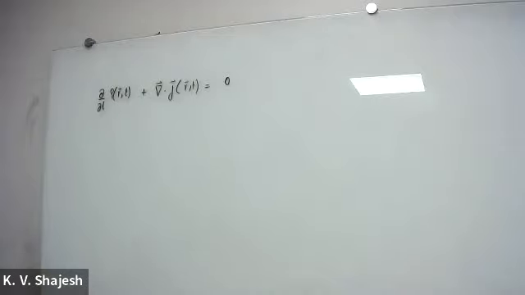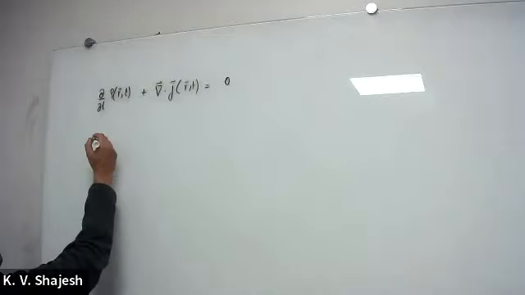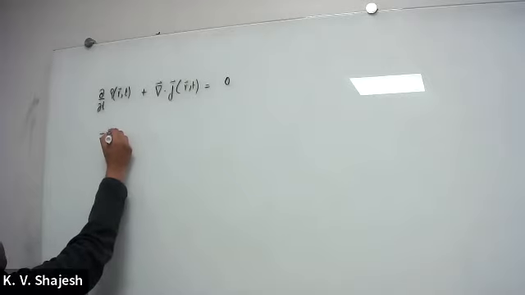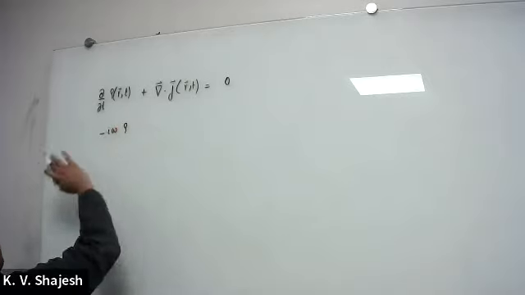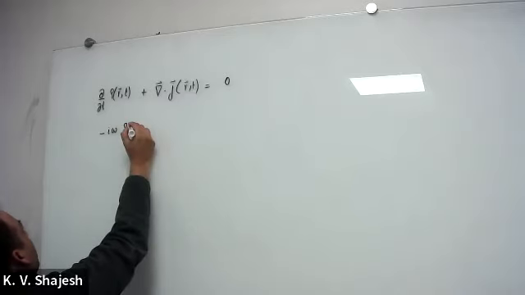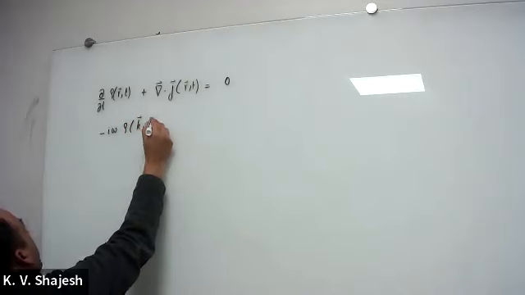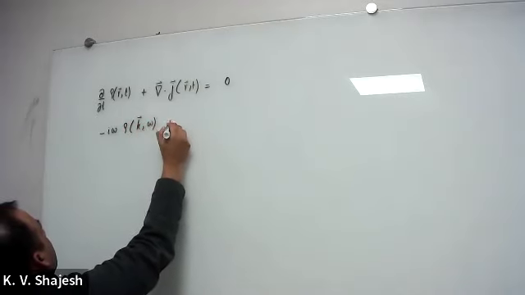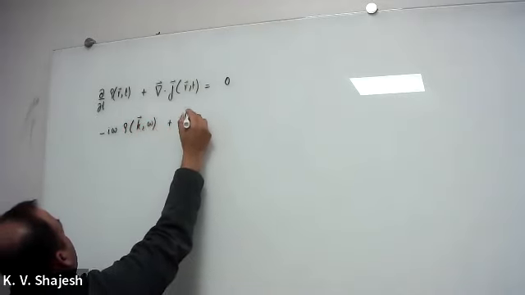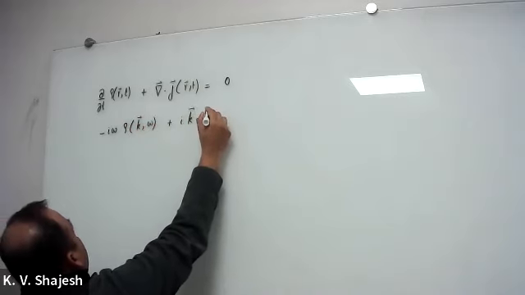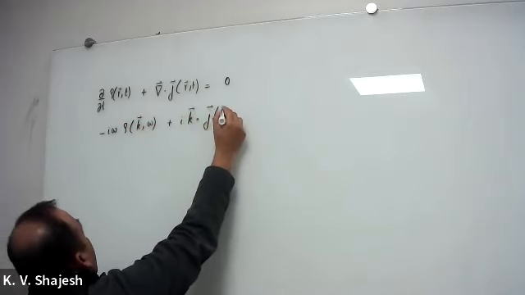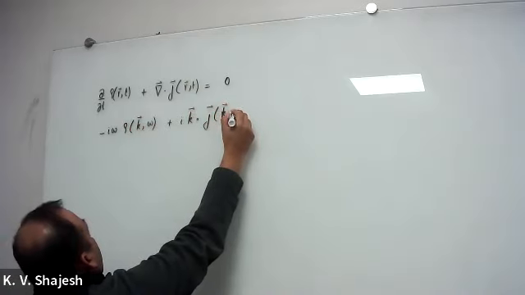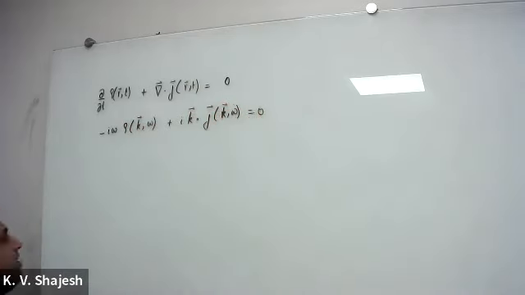Fourier transform this, and Fourier transform both in position and time. So this is minus i omega rho of k omega plus i times k dotted with j of k omega. Is that clear?